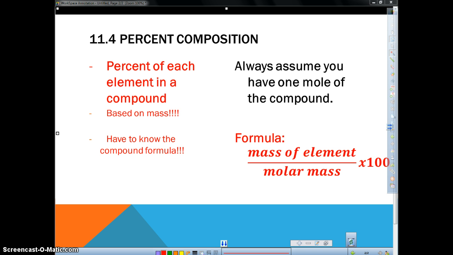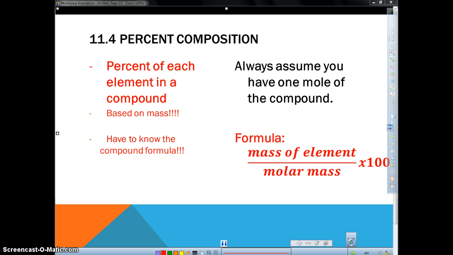Let's think about the word percent. The word percent, typically a formal definition is part of 100, or you have some fraction or some part of a certain total. And usually we think of that total as being 100. So composition you can think of as being what is something composed of.